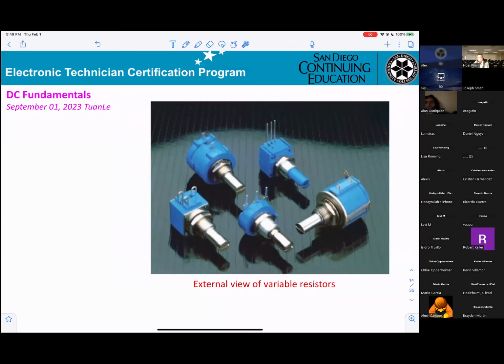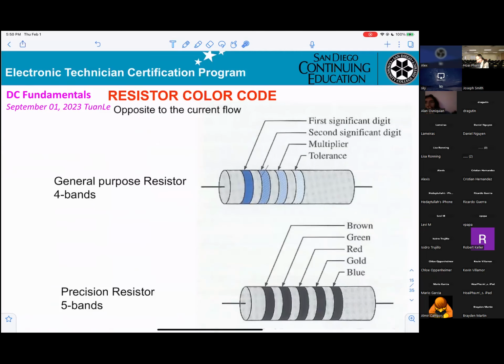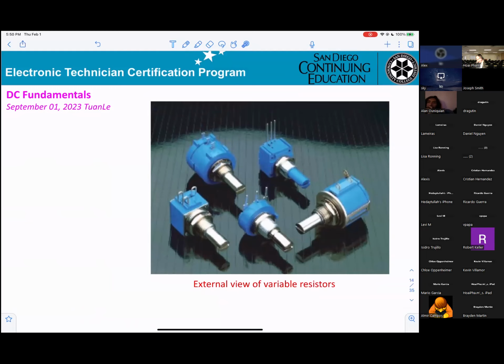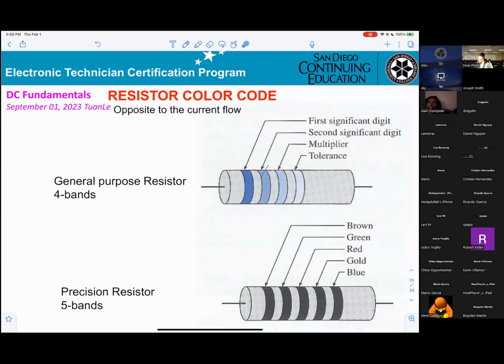For example, if they say this one is 2 kilo ohm variable, that means you can adjust the resistor from 1 ohm up to 1 kilo ohm. That's a difference. Those are potentiometers. Same thing. Now, we're talking about color. Resistor color code.